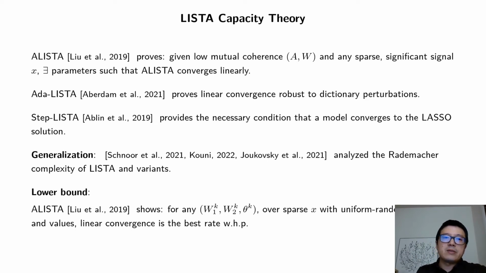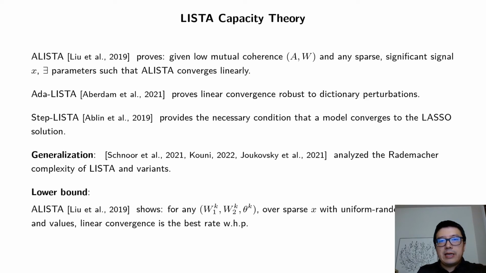The first theorem basically says, given low mutual coherence between these two matrices, and any sparse signal with significant components, in other words, the non-zeros have to be above a certain threshold, then there exist network parameters in the ALISTA form such that the iteration will converge linearly for those signals with high probability. So this is a positive result.